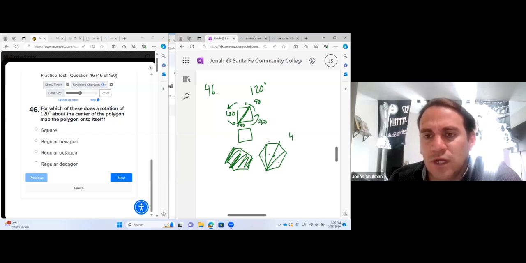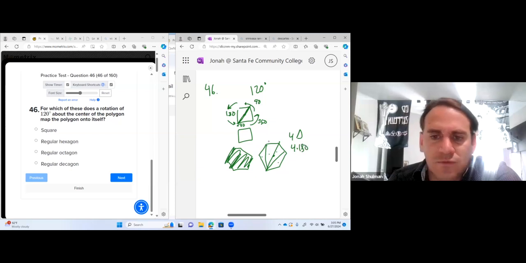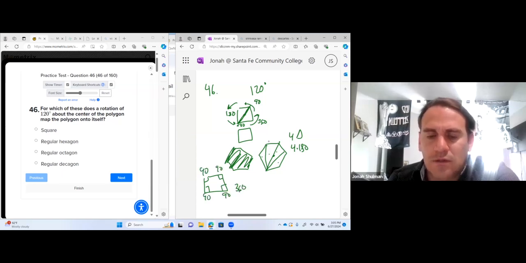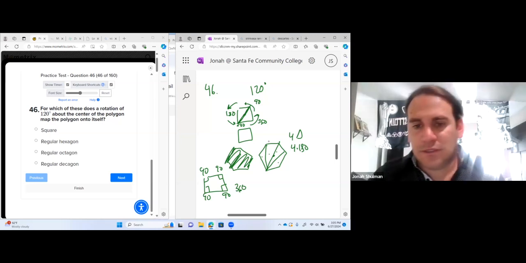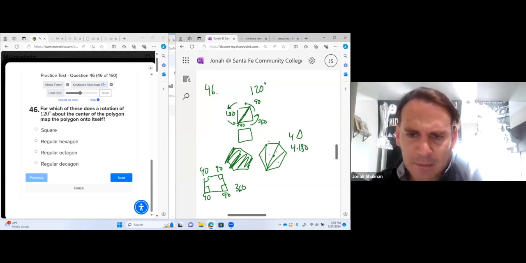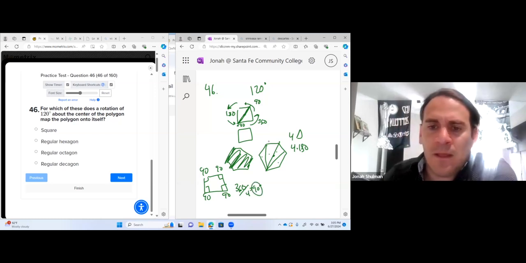So that's 4 triangles. 4 times 180, because if a square is 90 on all the corners, it's 360. And if I divide this by how many sides we have, I get 90 degrees. So that's how I know how many degrees it goes.